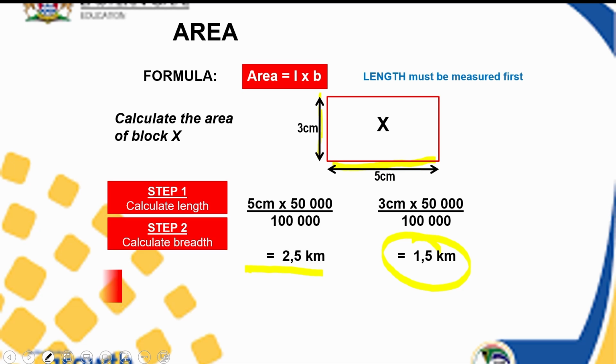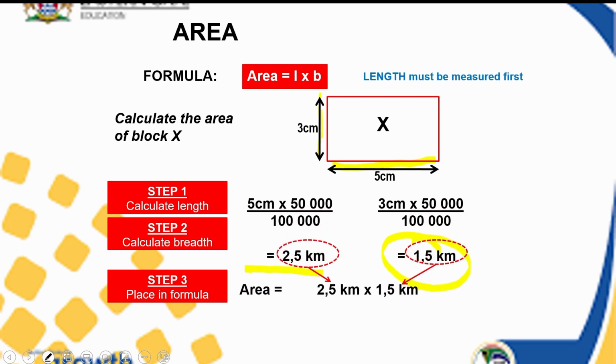So please make sure that you read carefully the instruction from the examiner. Now, what is happening is that learners tend not to give the answer in the units that are expected by the examiner. Now, what is happening here?